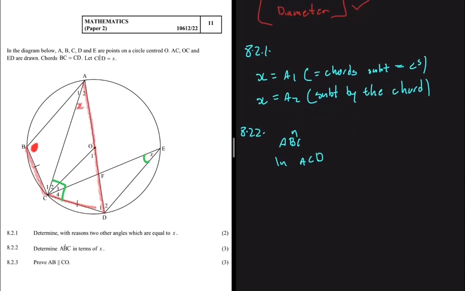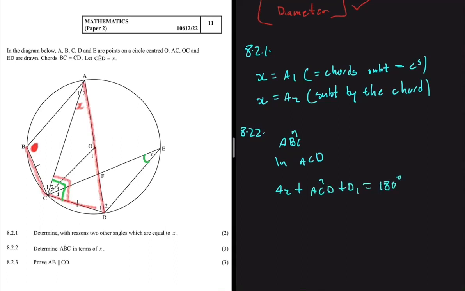So if you say that A2 plus this angle, which is 90 degrees, plus angle ACD plus D1 should be equal to 180 degrees, the sum of angles in a triangle.